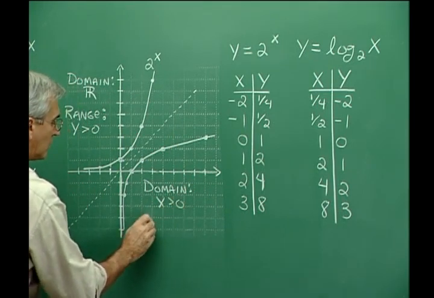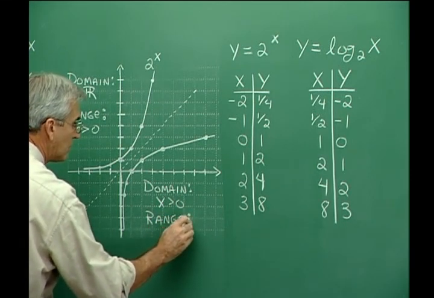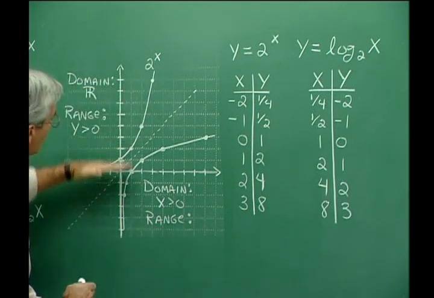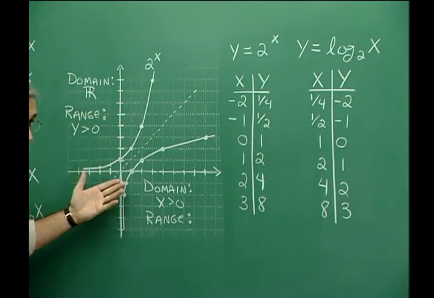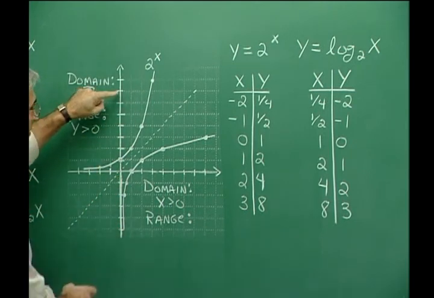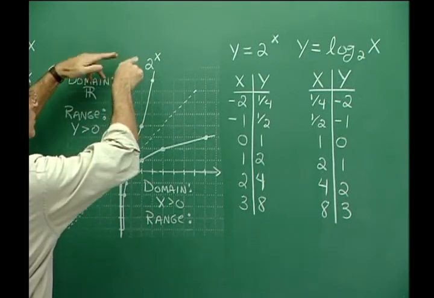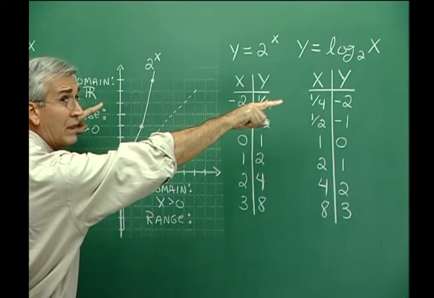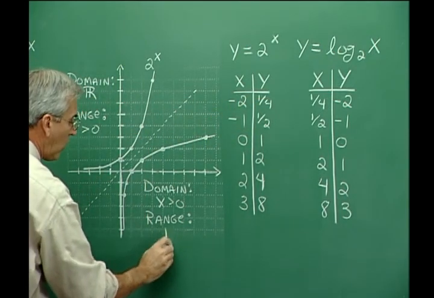What about range? For what values of y do we have points on the graph? Well, for all values of y, we have points on the graph. Even for the y's up here, the x coordinates for y's that lie way up here would be way out that way, but at any rate they do exist. So the range would be all real numbers.